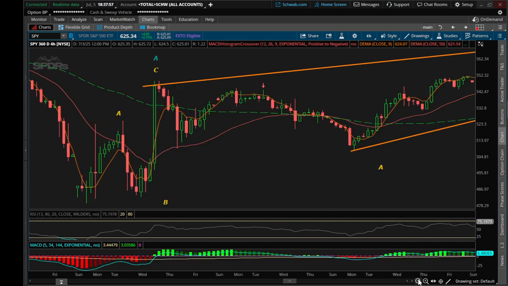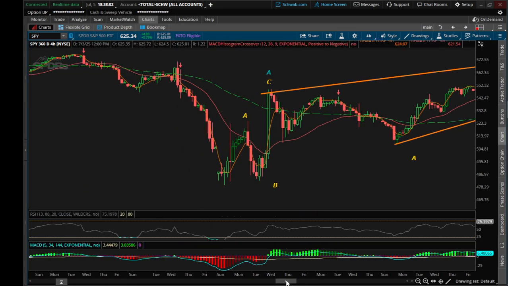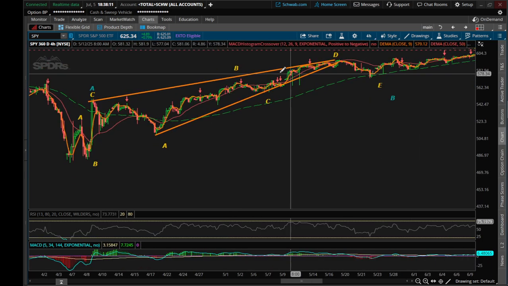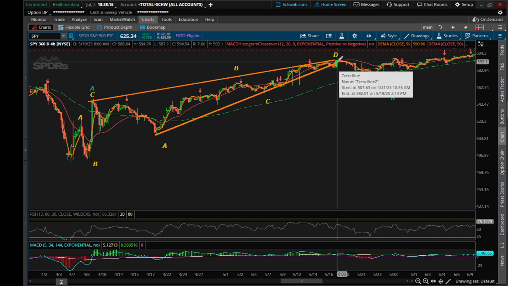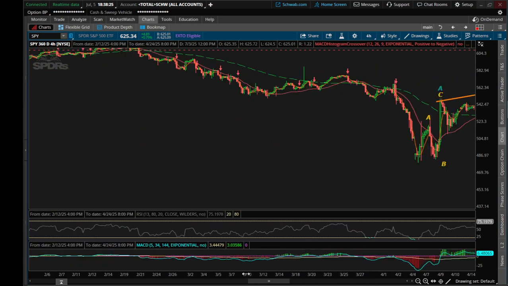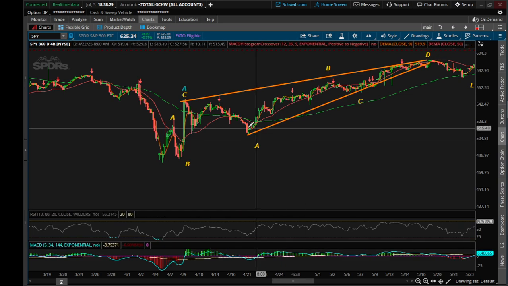Now from there, I think we started some kind of triangle pattern, and I've got it labeled as an A here, B here, C here, D, and E. Notice the breakout for E. This is what got me back in November of last year. Well, let's burn this in your memory real quick and we'll try to compare it.